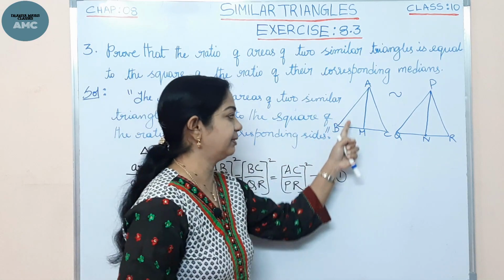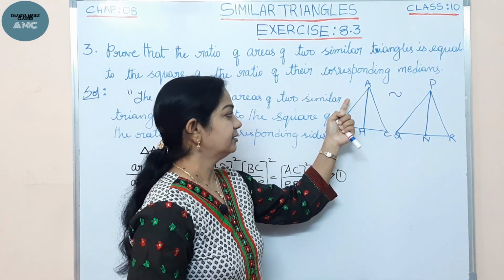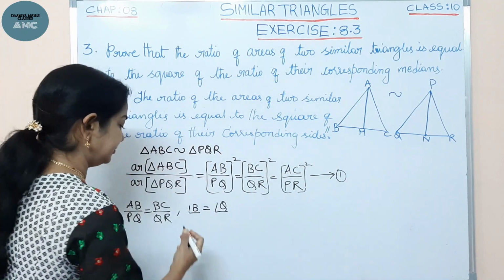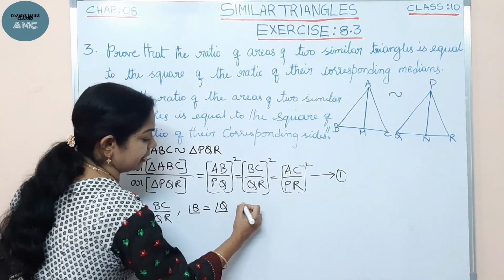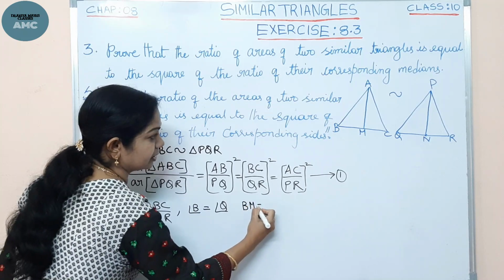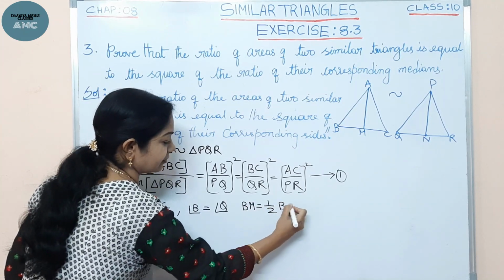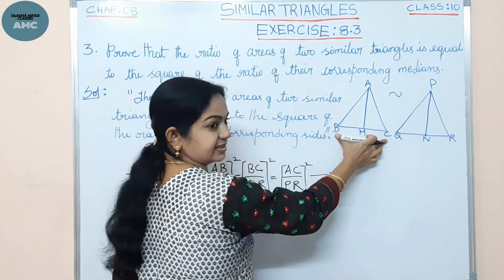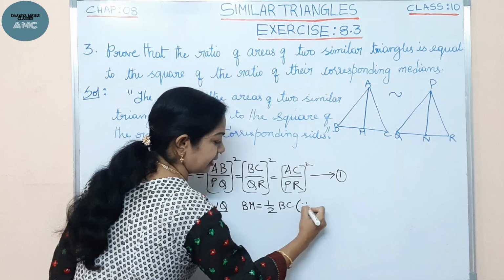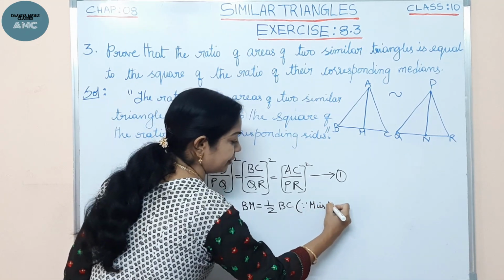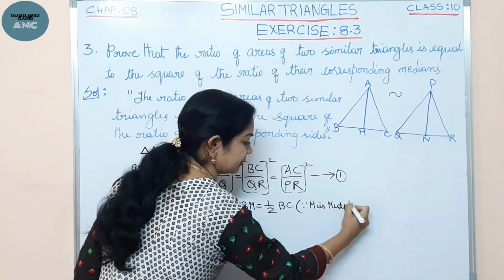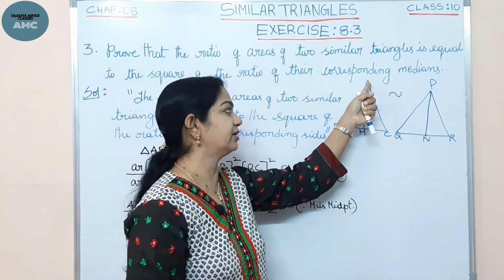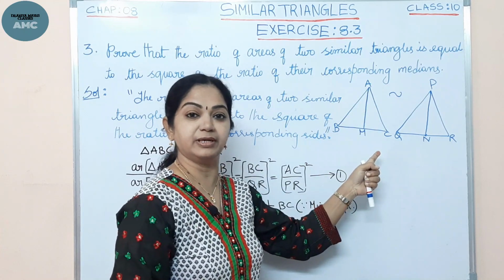Here, when I take the median, BM is equal to half BC. How? Since M is the midpoint. Here it is nowhere mentioned as midpoint, but a median is a line drawn from the vertex to the opposite side's midpoint, isn't it?